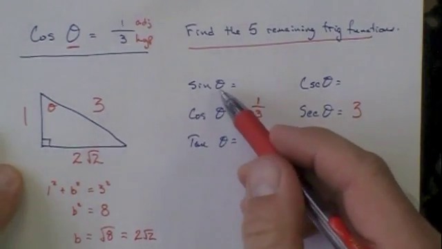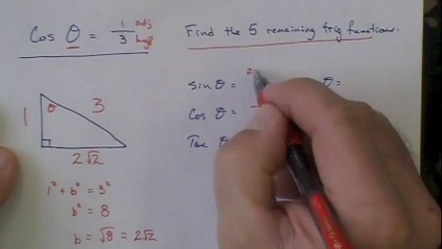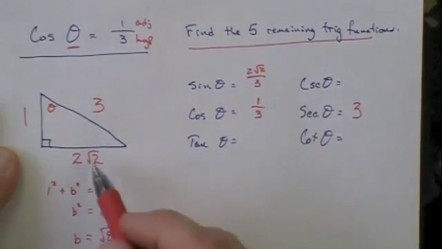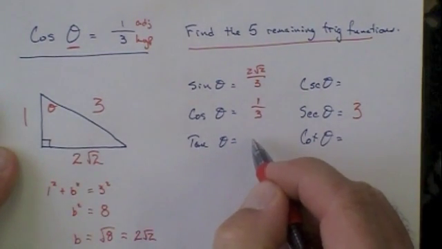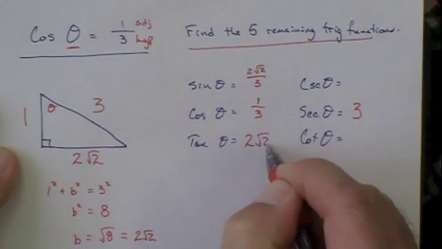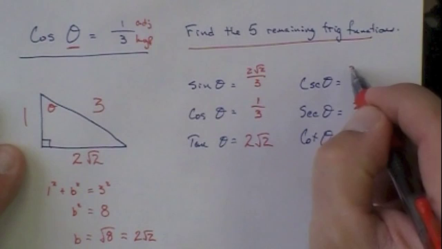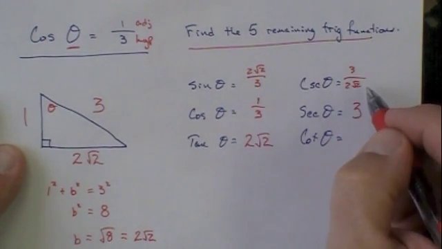Now we can write out sine of theta as opposite over hypotenuse, 2 square root 2 over 3. Tangent of theta is opposite over adjacent, so that would be 2 square root 2 over 1, which is just 2 square root 2. For cosecant, we take the reciprocal, 3 over 2 square root 2, and rationalize the denominator.